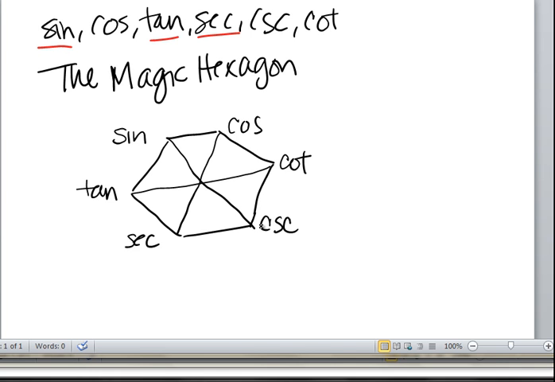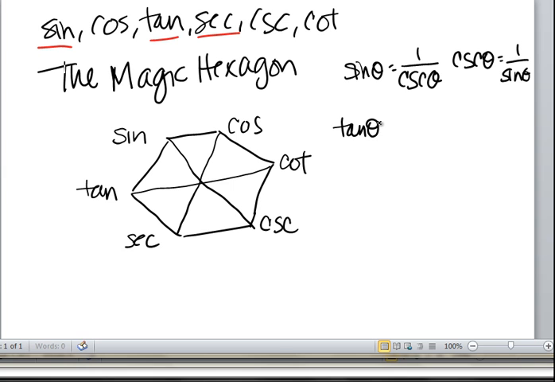Sine and cosecant are reciprocals, right? So sine of theta is equal to 1 over cosecant theta. Similarly, cosecant of theta is 1 over sine theta. They're reciprocals, right? And so tangent and cotangent are reciprocals, so tan theta is 1 over cotangent theta, and cotangent theta is 1 over tangent theta.